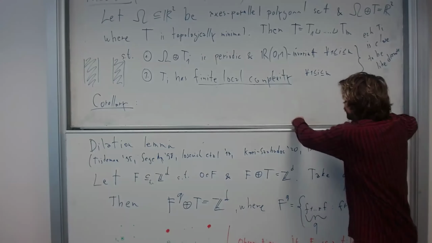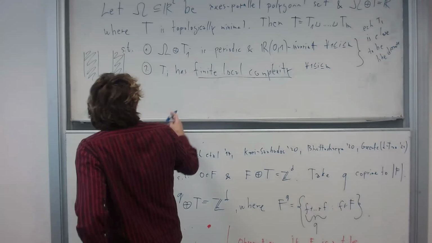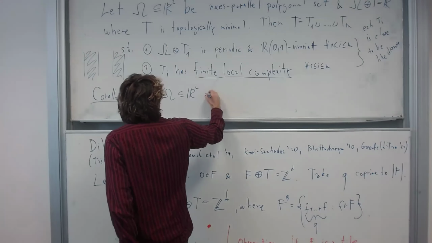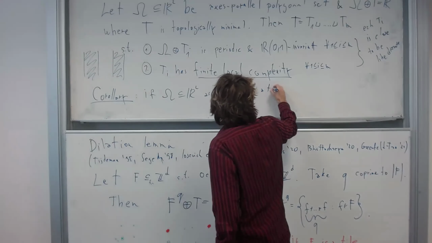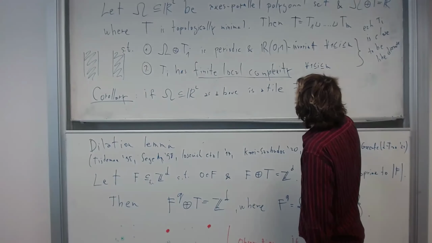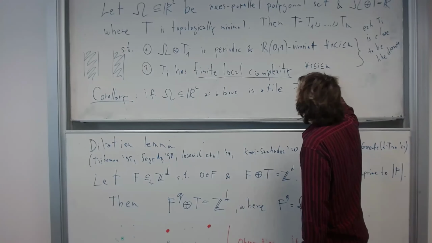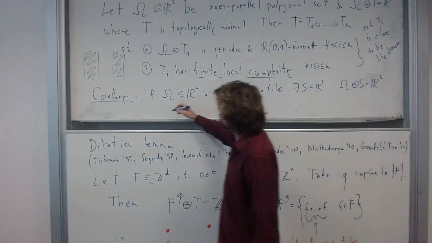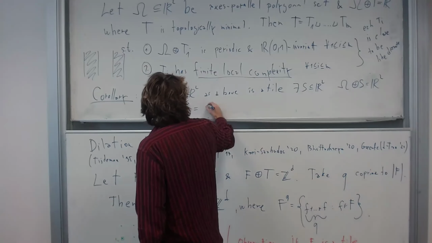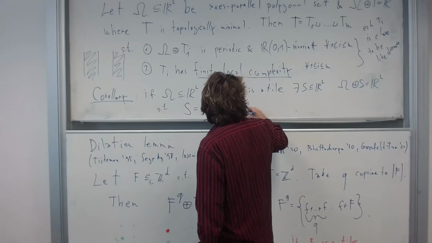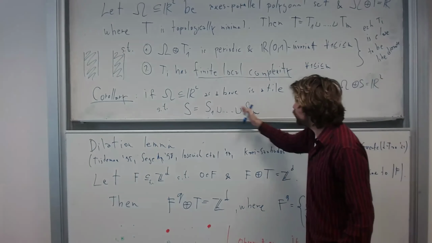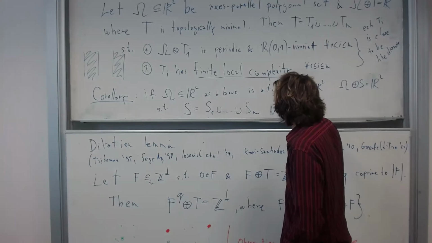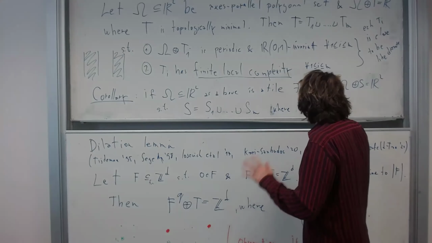Okay, but let me state very quickly the corollary. The corollary is that we unfortunately cannot get the periodic tiling conjecture, but what we can prove is that if Omega is a tile, then there exists a tiling such that S can be decomposed into finitely many pieces, and each S_i is fully periodic.